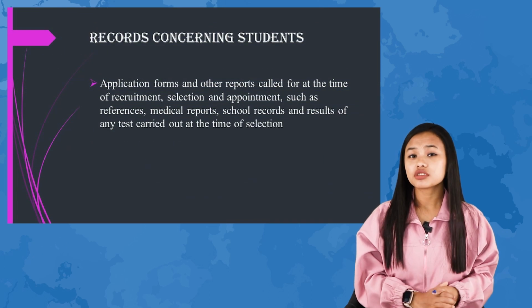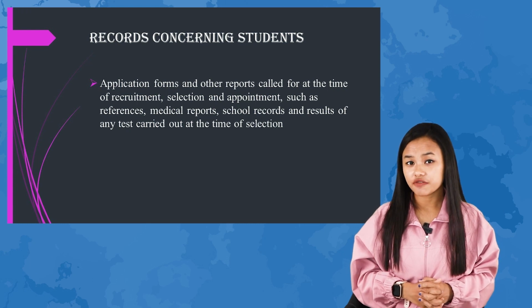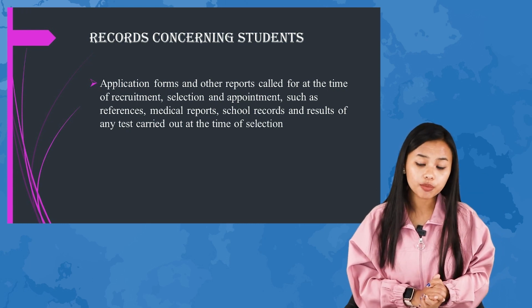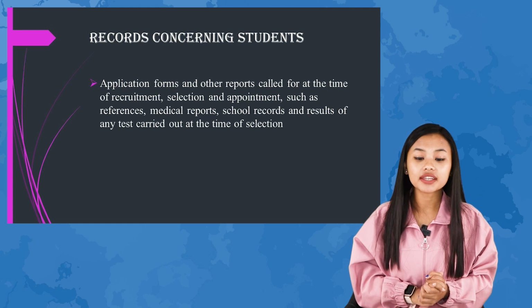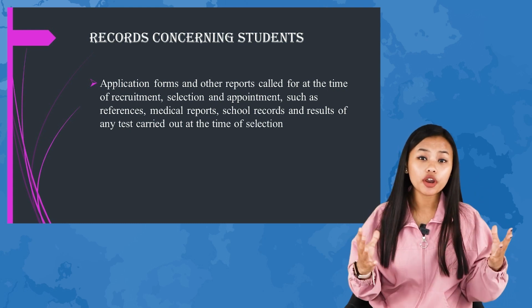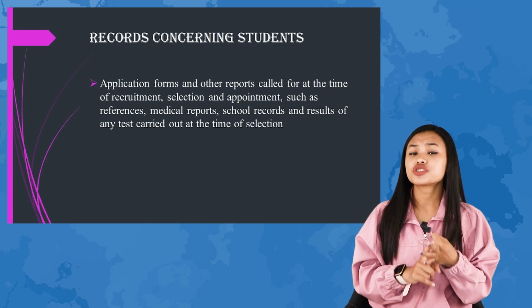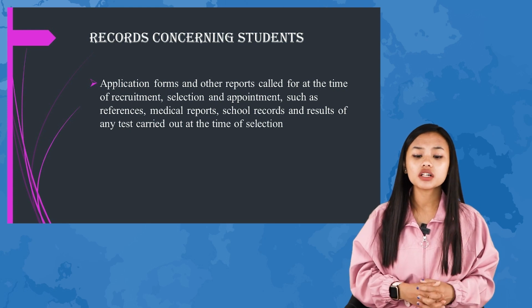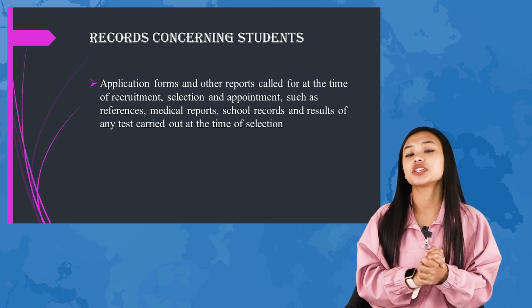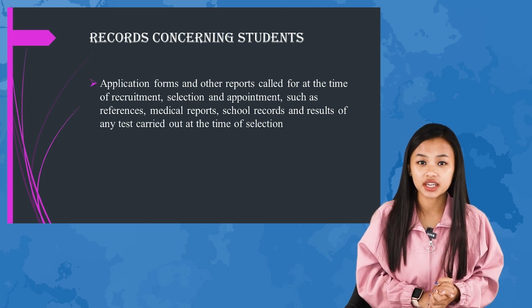So in the records which are concerned with the student, there will be the application forms as well as any other reports which are called for at the time of recruitment, at the time of selection, and at the time of appointment, such as the reference, the medical report, the school record, as well as the results of any test that has been carried out when that particular candidate was selected.